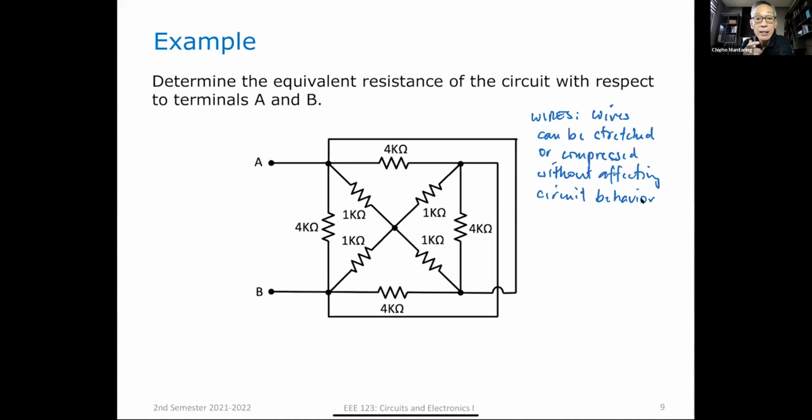Okay, that's the thing about wires. If it is an ideal wire, a wire is a conductor with zero resistance. That is an ideal wire, no? An ideal wire has zero resistance. That wire can be stretched or can be compressed even to a single point without affecting circuit behavior.